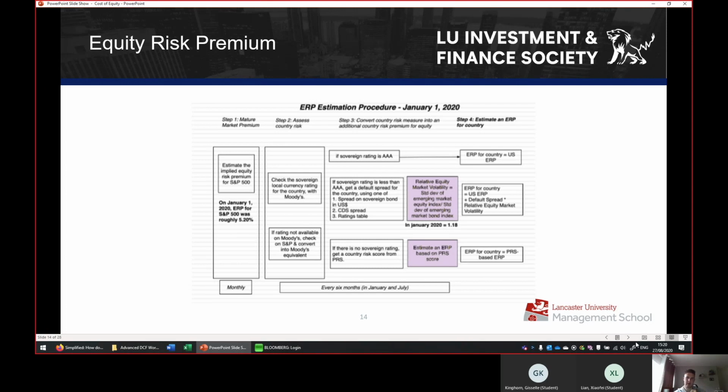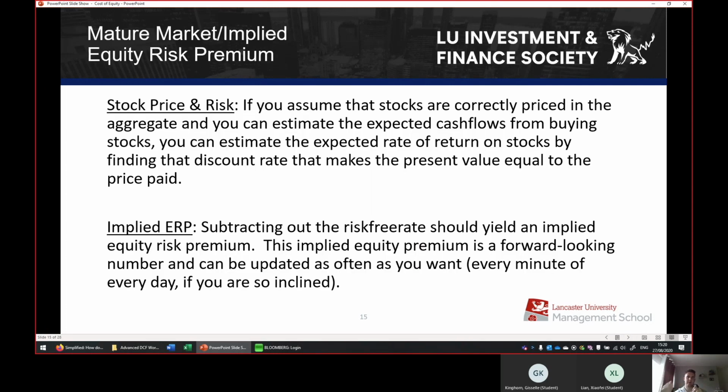Okay, so let me explain what I mean by this. Starting with the mature market premium, as I mentioned, we're going to look at the safest equity market globally, which in this case we use the US at this moment in time, because I expect the US equity market to have the lowest premium relative to more risky markets, okay?